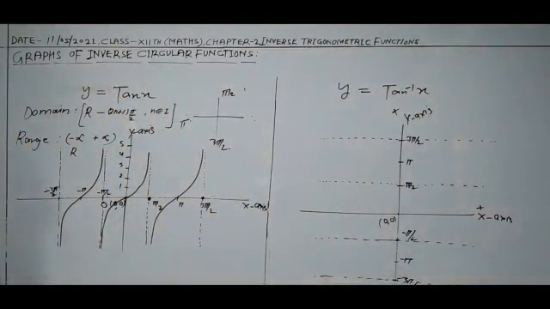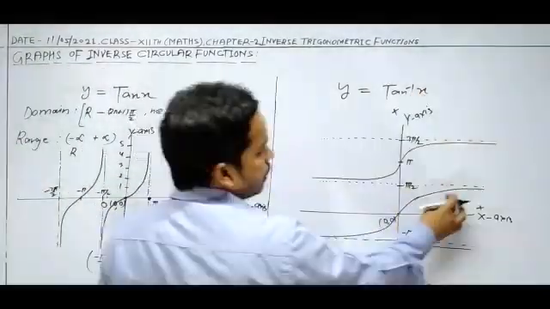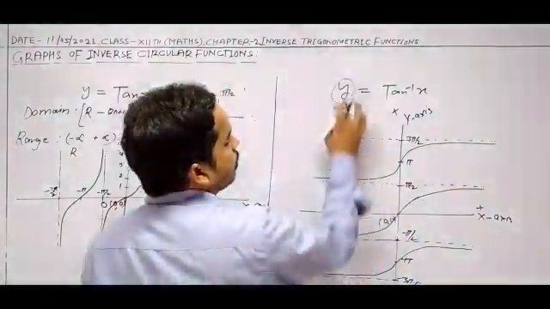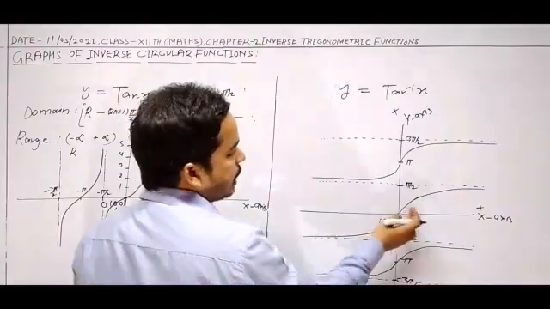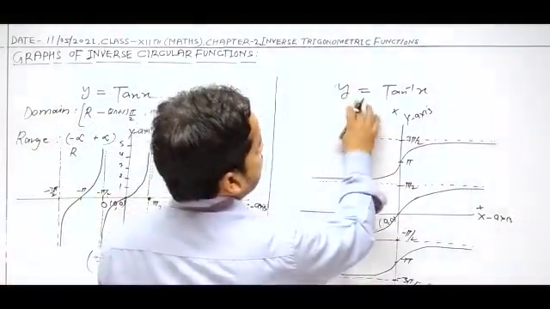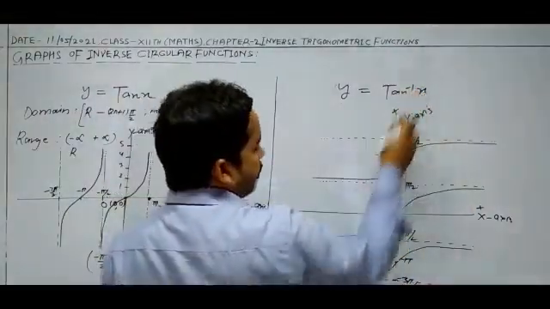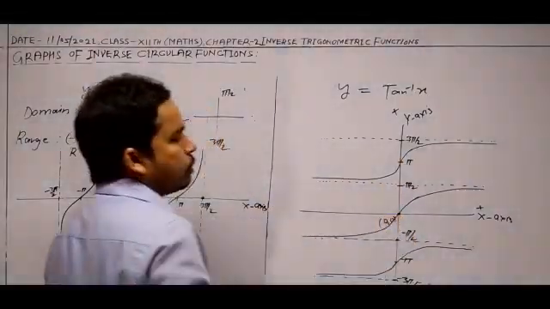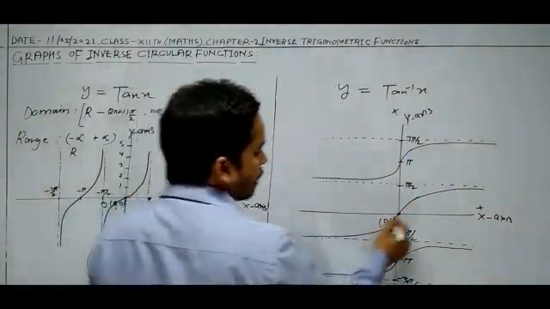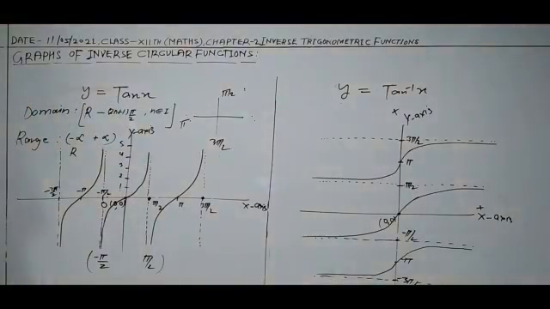See, now when you put x equal to infinity, you get y equal to pi by 2. When you put x equal to minus infinity, you get minus pi by 2. And when you set x equal to 0, you get y equal to 0. So the restricted intervals are minus infinity to plus infinity, and minus pi by 2 to plus pi by 2.